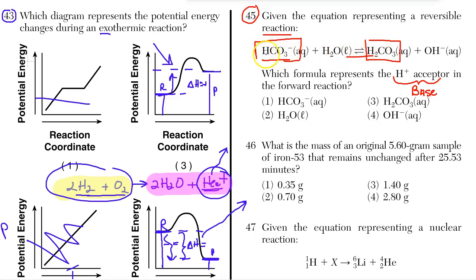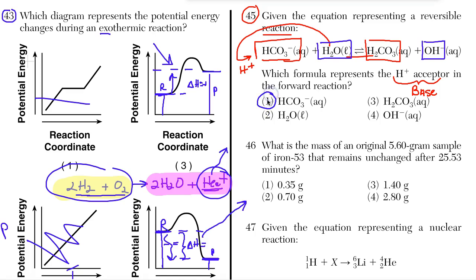So clearly this one had to accept an H, and therefore H2O must have given this guy a proton. And to make sense with that, H2O, if it gave off a proton, should have one less in the future in the forward direction, and it does. So it makes sense that HCO3 negative was the H plus acceptor, choice 1.